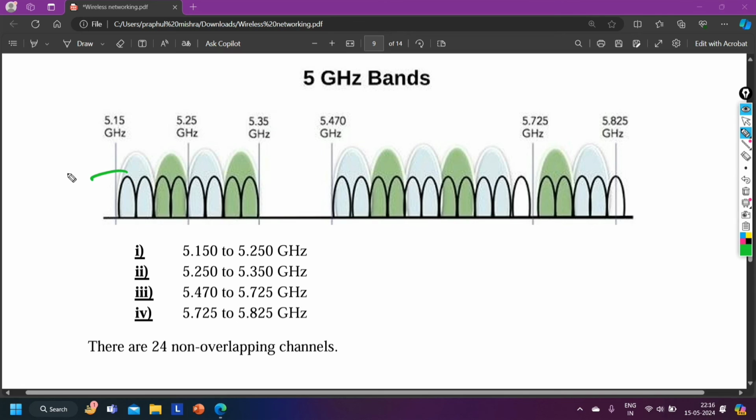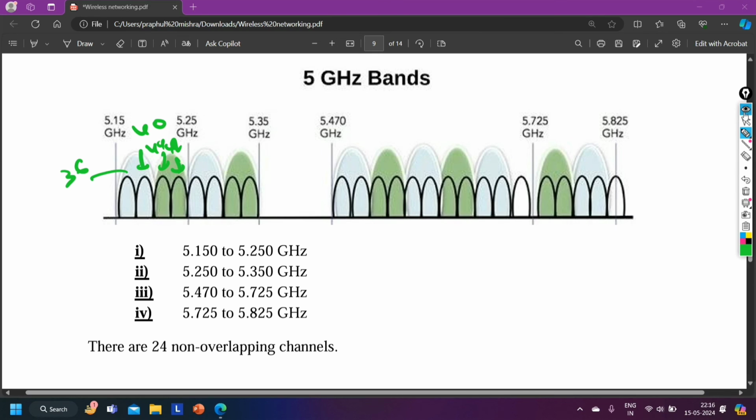This is channel number 36, this is 40, this is 44 and 48. So these are 4 channels in the first band, right? Like that you can check the channel numbers in the 5 GHz frequency.